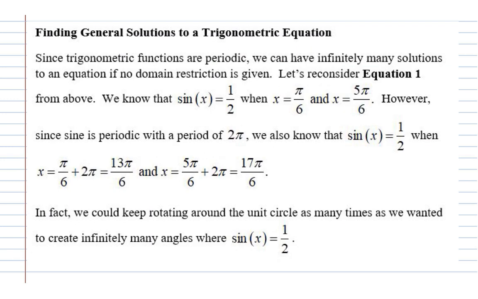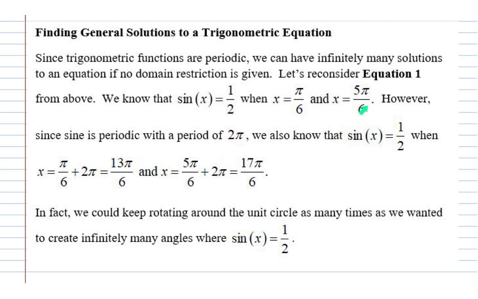So basically, kind of like what we just did with the sine of x equals 1/2, and we know that they had answers at pi over 6 and 5 pi over 6. But that's just if you do one rotation around the unit circle, if you only have one period of 2 pi. But what happens when you have multiple periods? Well, that means when you go a second time around, a third time around, you would have to add 2 pi to the pi over 6, and now your next one would be 13 pi over 6.